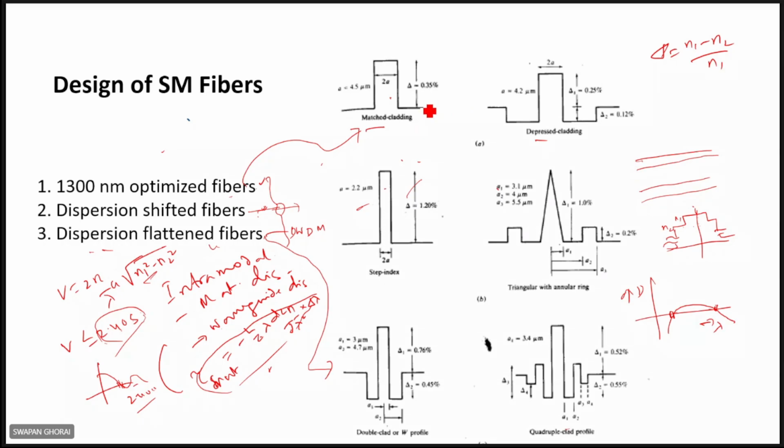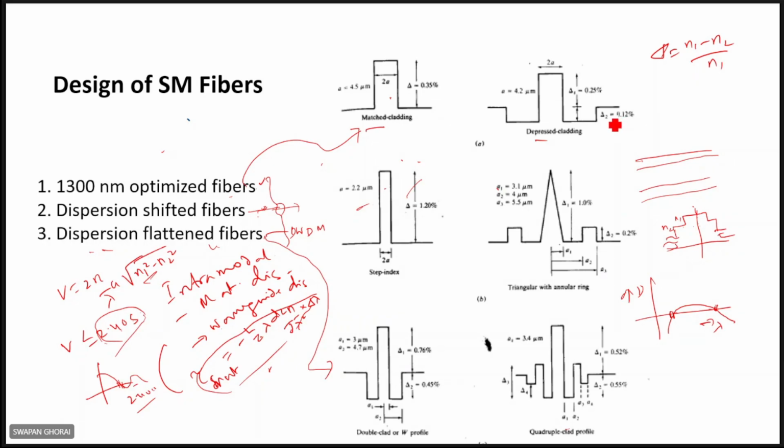In the matched case, the refractive index of the clad is constant, but here it varies, not continuously. Immediately after the core the refractive index is one value, and after a certain distance it changes again, so there are claddings of different types. You see here delta 1 is 0.25% and the other is 0.12%.